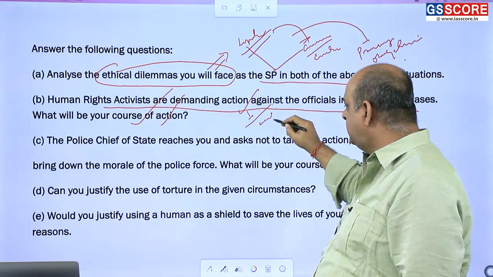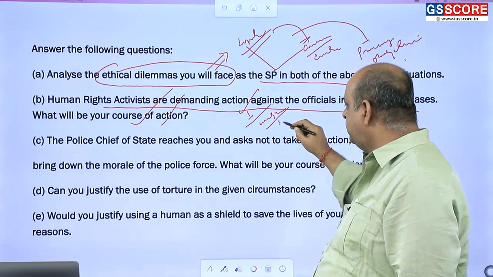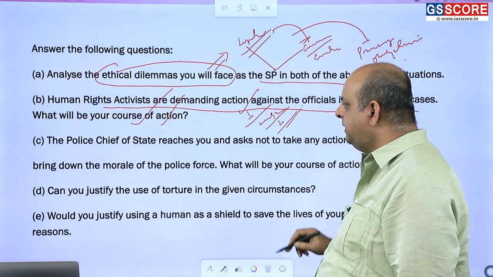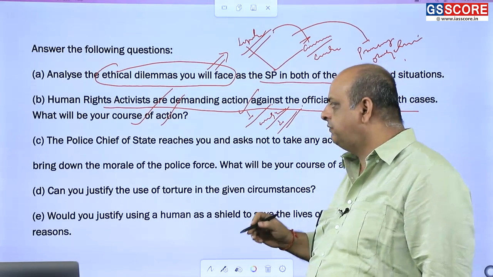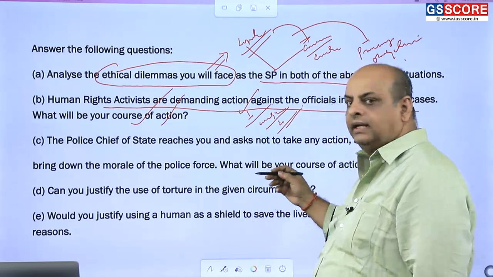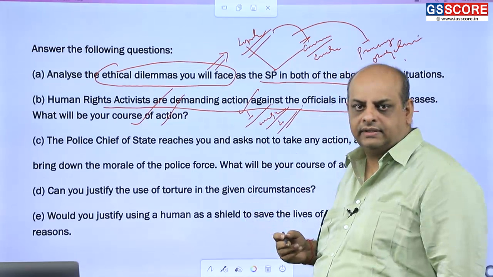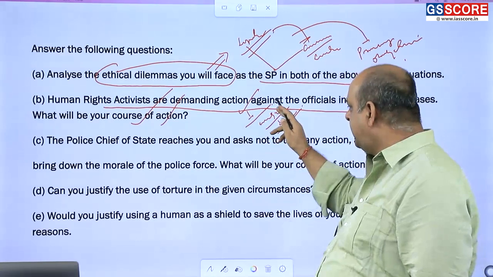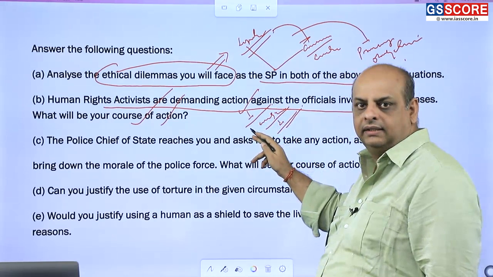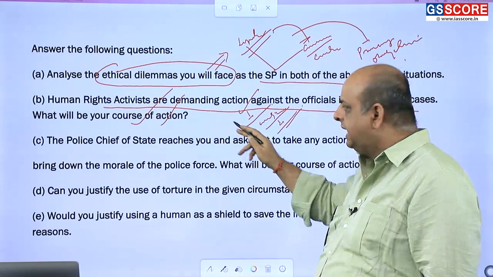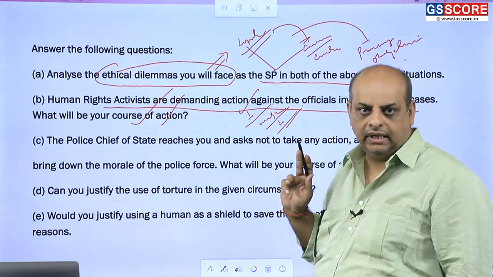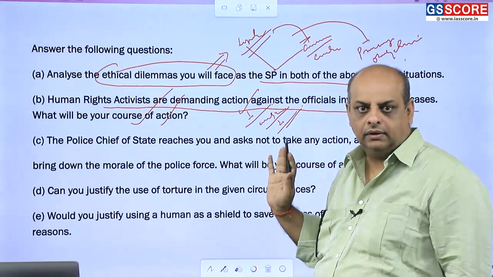So the course of action will be to constitute a committee, or depute a fact-finding team to find the facts of the case. The message has to be very clear that the law will take its own course, and you are on the side of the law.